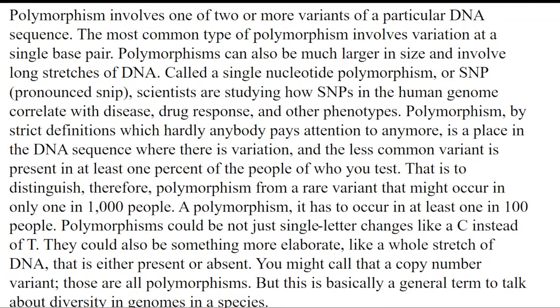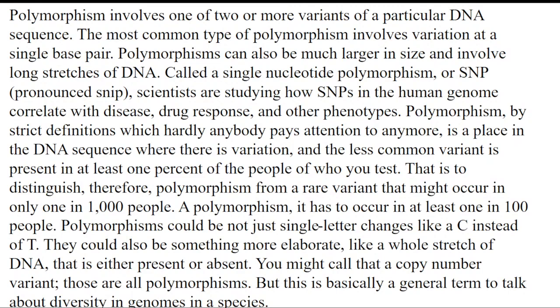Polymorphism, by strict definition, which hardly anybody pays attention to anymore, is a place in the DNA sequence where there is variation and the less common variant is present in at least 1% of people who you test.